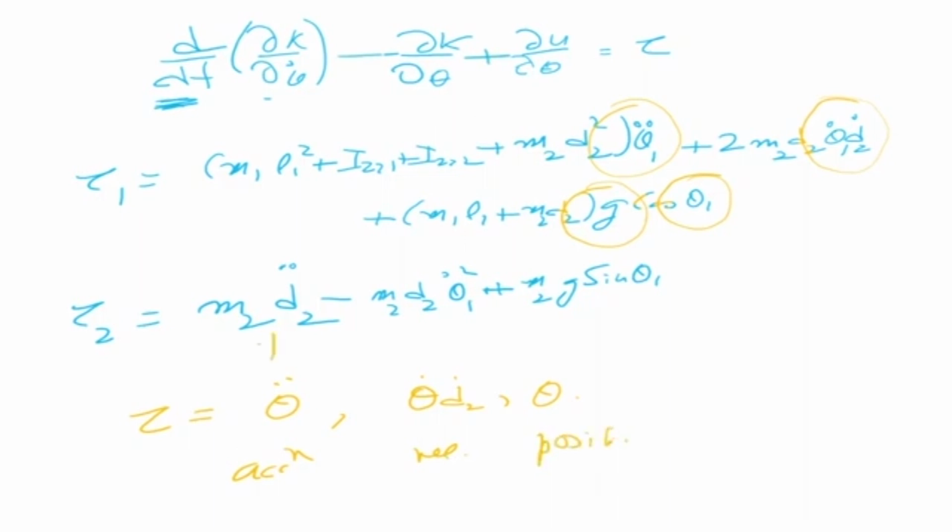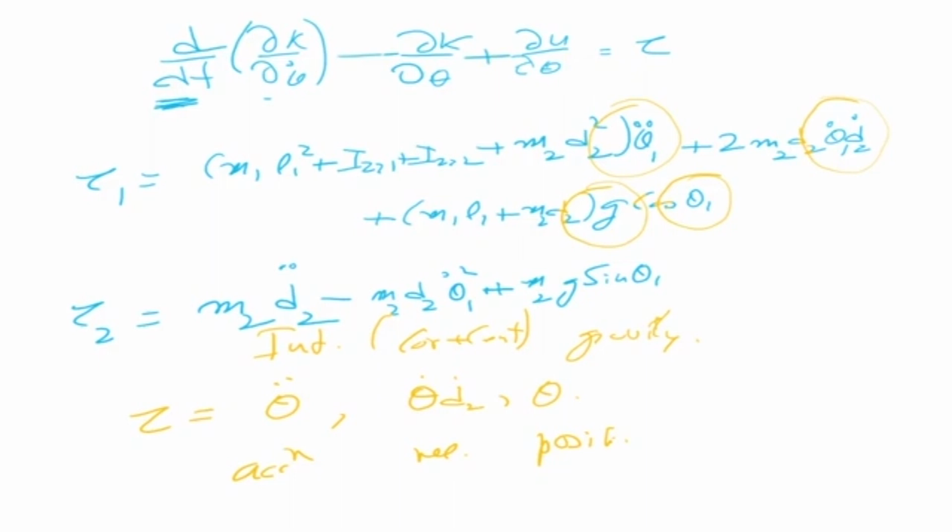Each of these is inertia, this is Coriolis plus centripetal, and this is gravity. So what we have seen is that the total torque acting at the joints is the sum of inertia forces, Coriolis and centripetal forces, and gravity force. This is how we derive it. It is very easy to understand how the torque comes if you go step by step.